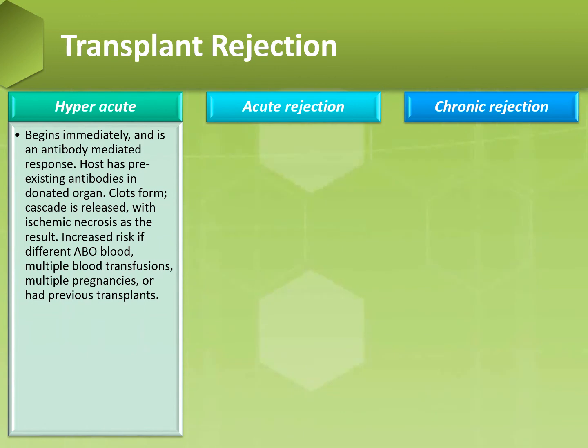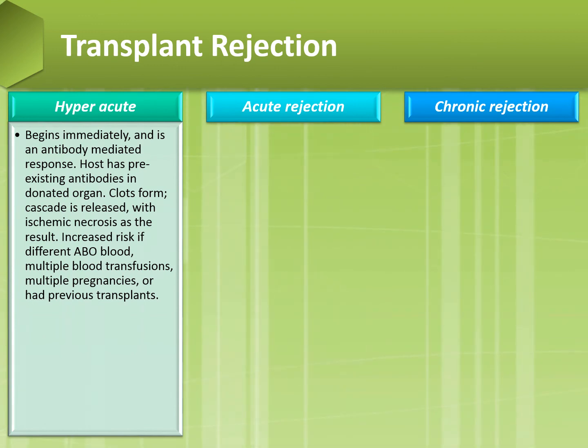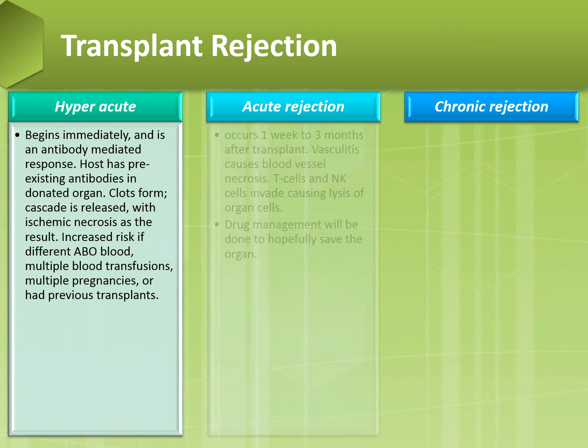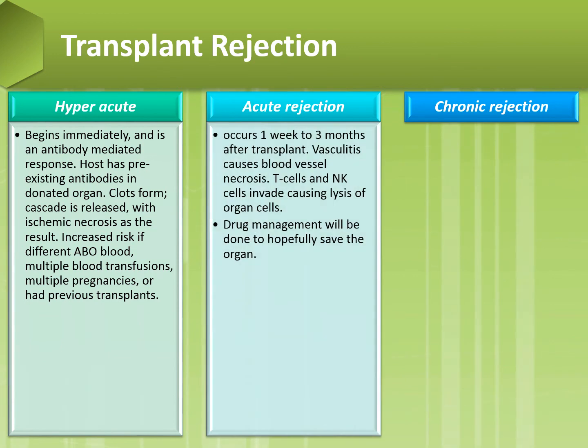Clots form, cascades are released, and ischemic necrosis is the result. There is an increased risk if different ABO blood is transfused, or they've had multiple blood transfusions, multiple pregnancies, or previous transplants. Acute rejection usually occurs 1 week to 3 months after transplant.